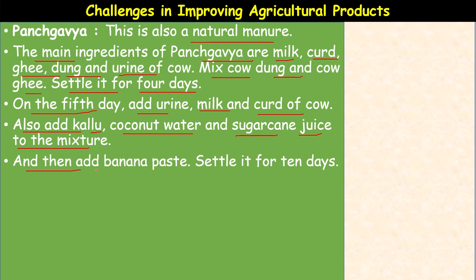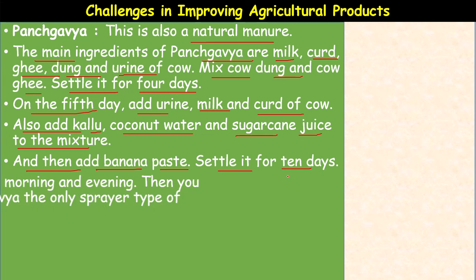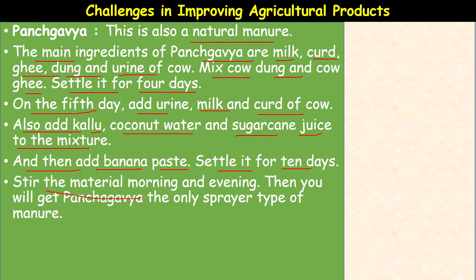Then add banana paste also, and settle it for 10 days. After that, stir the mixture in the morning and evening, then you will get Panchagavya, a sprayer type of manure.